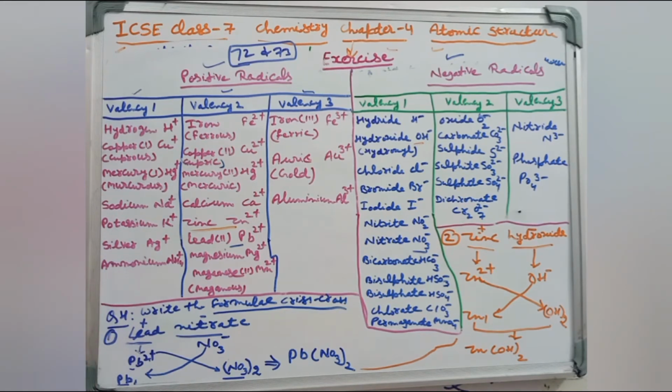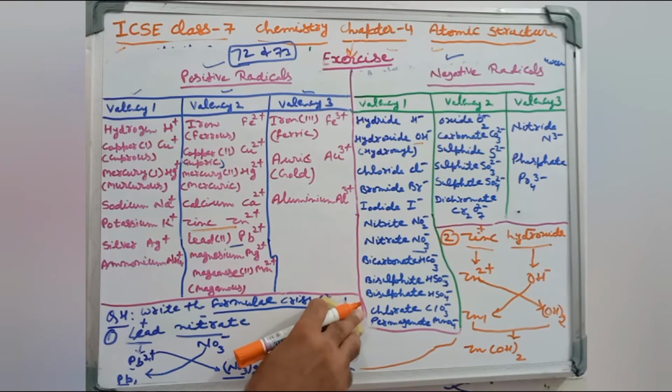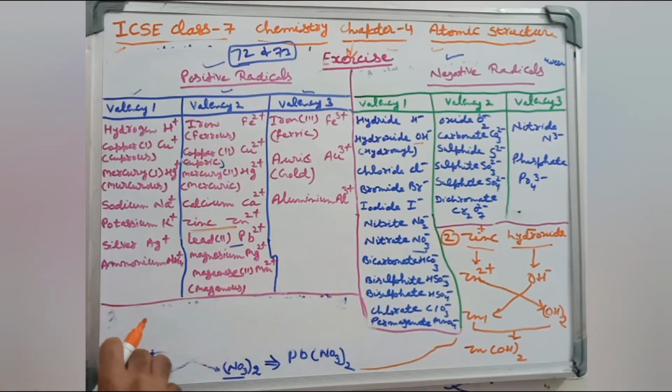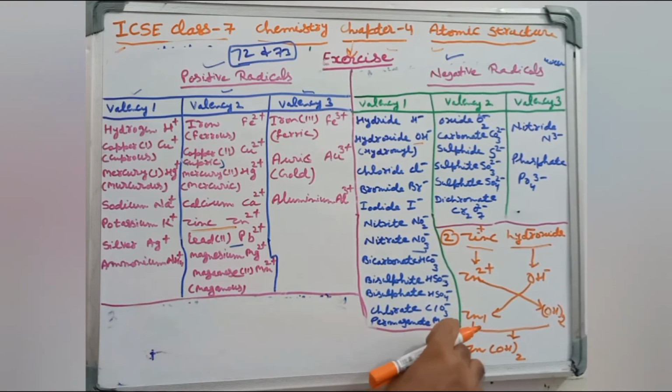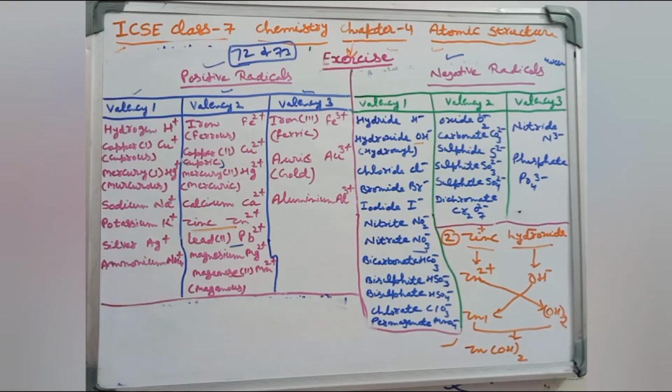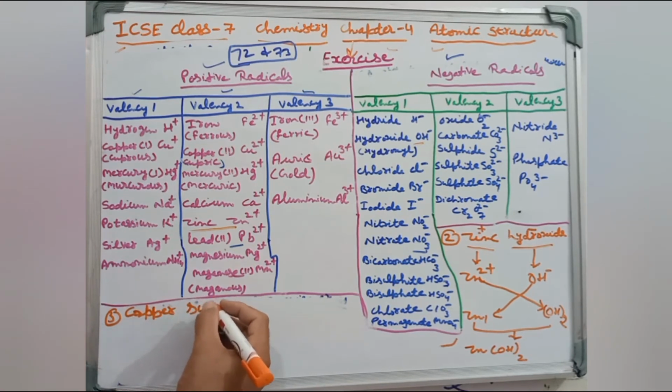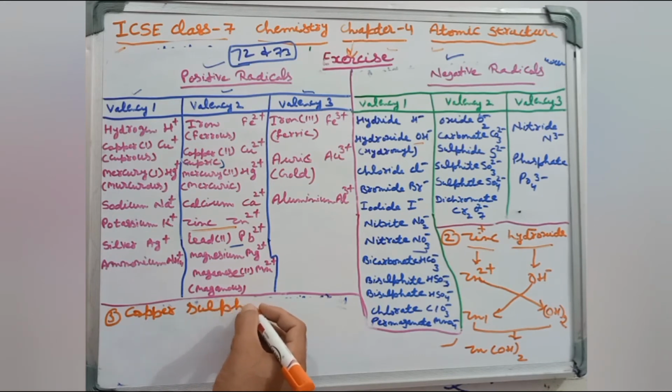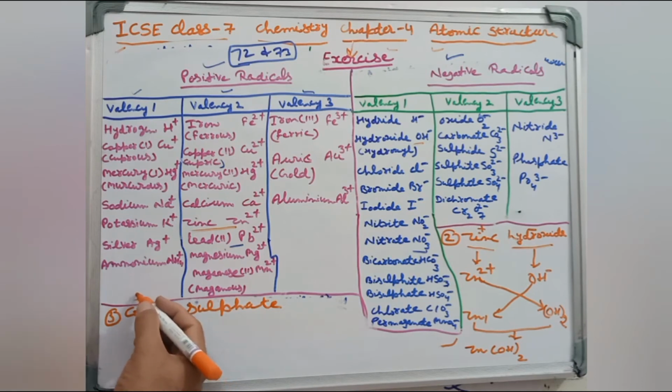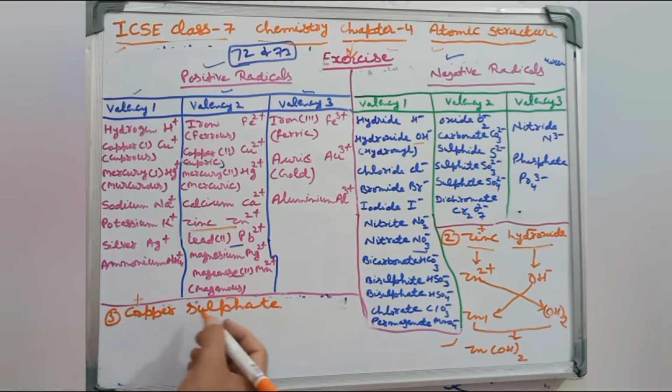Now we will do the third formula. You have to draw the formula of copper sulfate. Again, first step is to find out the positive and negative radicals. This is positive, this is negative.